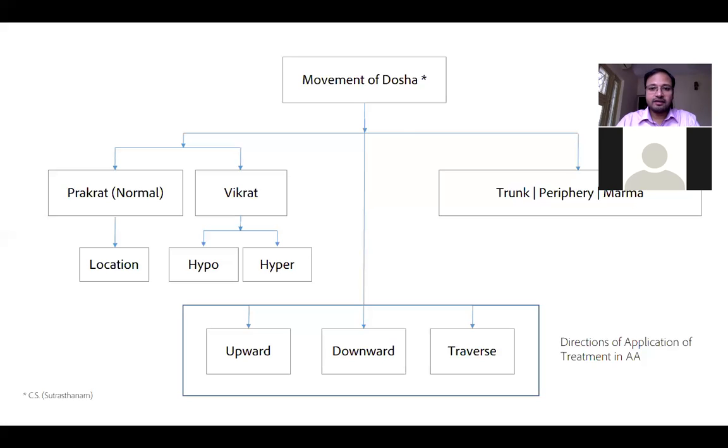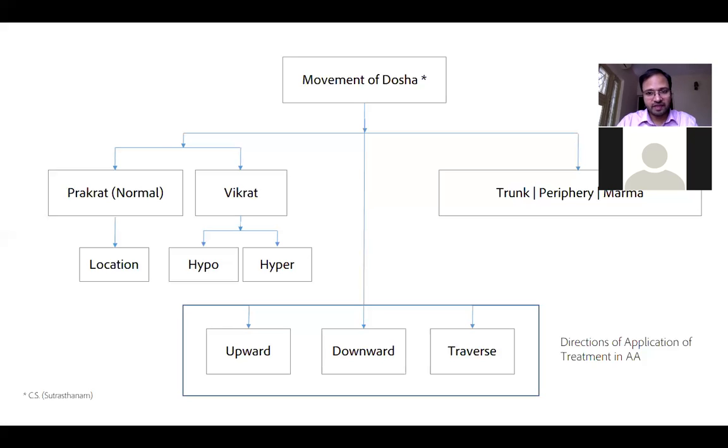Second is the movement of dosha in the trunk region, that means the entire trunk region of the human body. Then the periphery, which is the skin and the other peripheral aspects of the human body. And the last is marma. Now, marma are kind of relay channels, which are dense energy centers of the human body located upon the nadis.